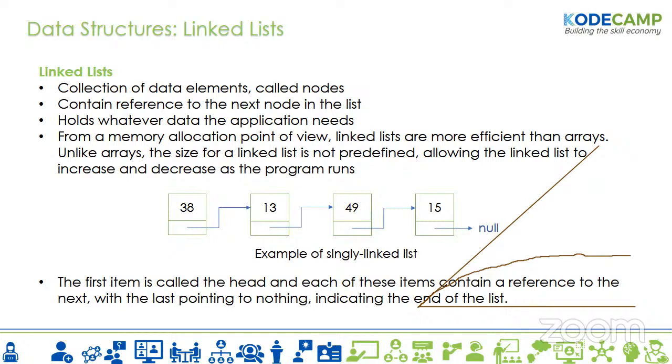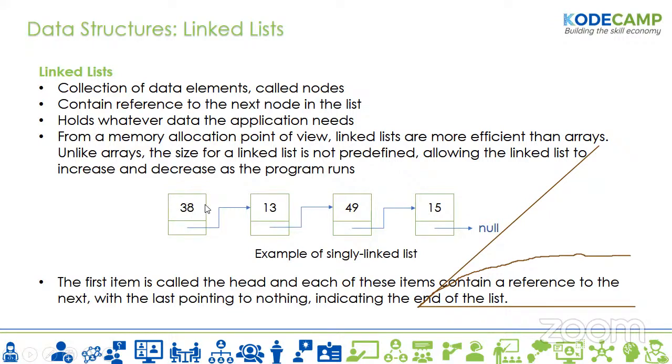So the linked list can grow and shrink, and we'll see this functionality as I explain that aspect. Generally, let's take this as one element, another element, another element, another element. Now, all of these elements are not stored together side by side, or contiguously, as we had in arrays.